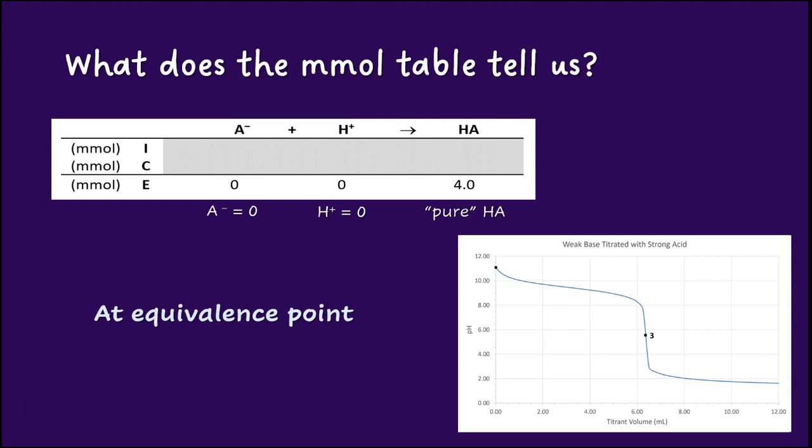Because both A- and H+ are 0, this puts the reaction progress at region 3 of the titration curve, which is the equivalence point. Only the conjugate acid HA is present, which we have generated through this titration reaction. We essentially have a pure solution of HA. It is important to recognize the result in this way because it helps us figure out what to do next.